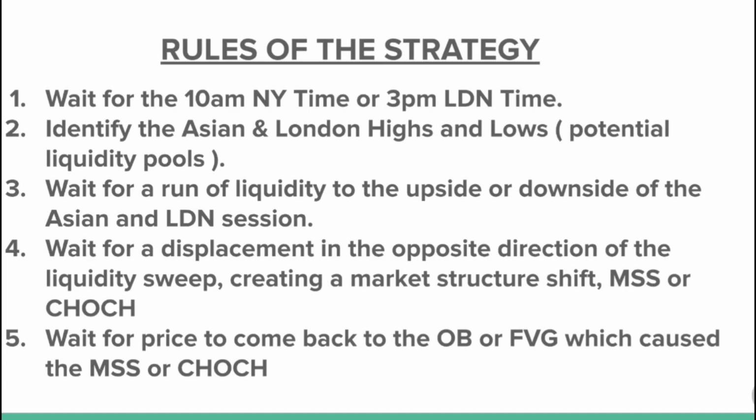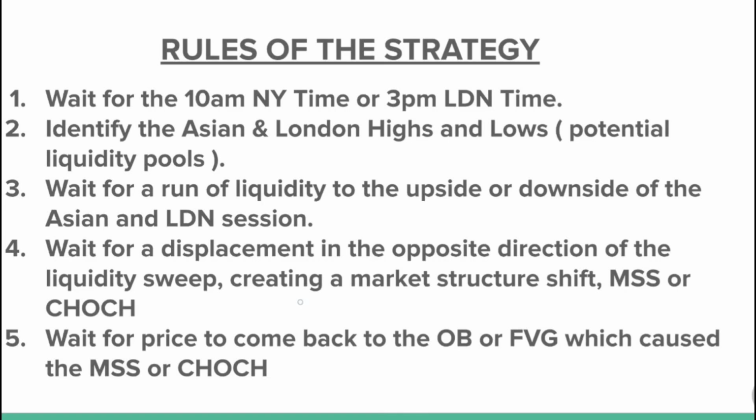The third thing you need to do is wait for a run on liquidity. You want the liquidity to be swept either to the upside or to the downside of the Asian and London session. That liquidity could be double equal highs or equal lows, trend line liquidity, or mostly just the high of the day or low of the day.